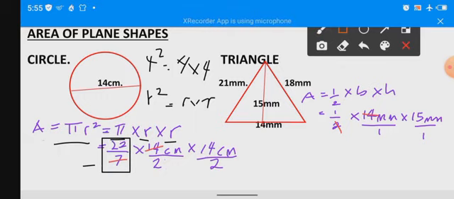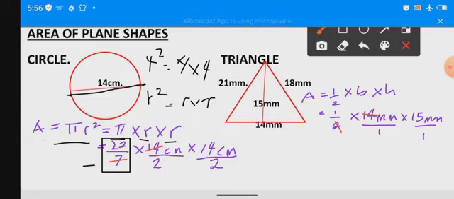We are given the diameter. I told you that the diameter is the distance from one edge of the circumference through the center to the other end. Half of the diameter is called the radius.